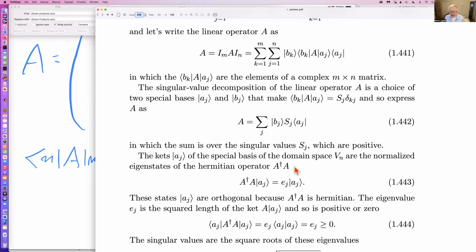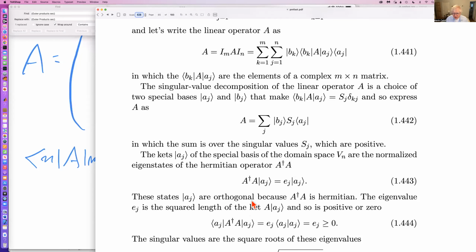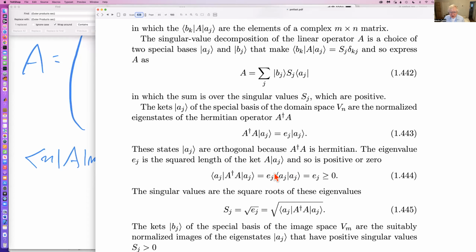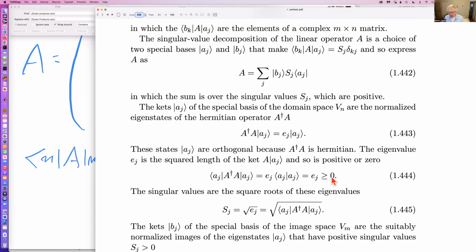We just know that A dagger A is a Hermitian operator, so it has n orthonormal eigenvectors called A J, and they have eigenvalues E J, and they're real. Okay, so then we take the inner product with A J, and we get, of course, that the eigenvalue is non-negative, and then we define the singular values as the square root of these eigenvalues.